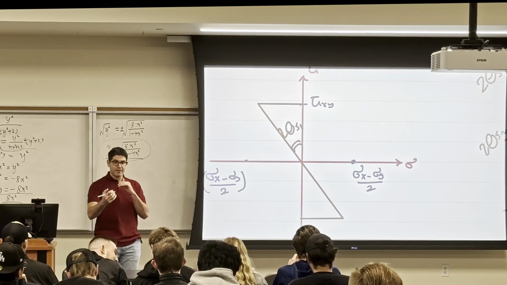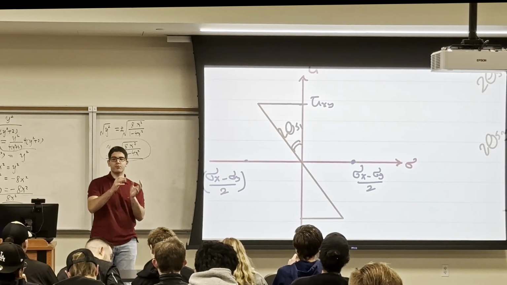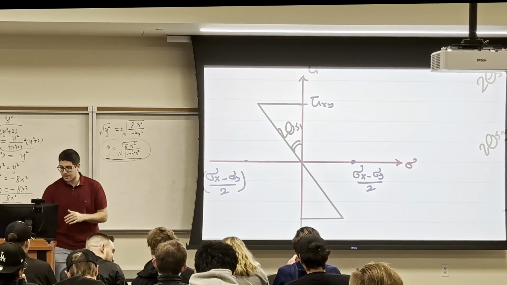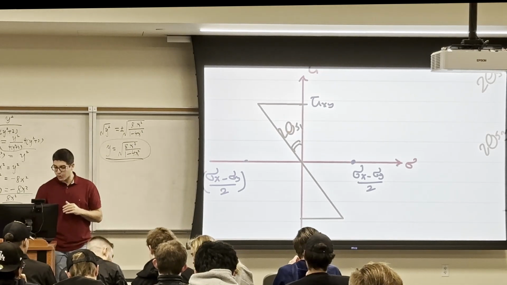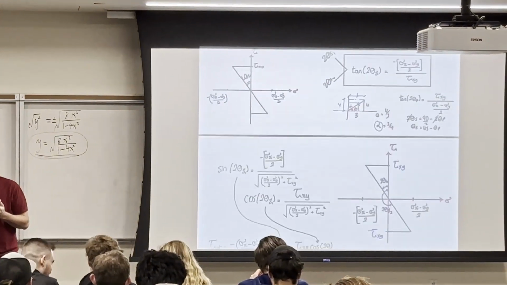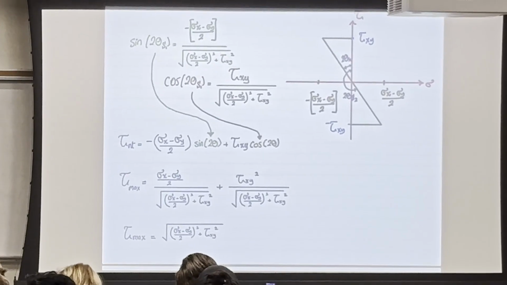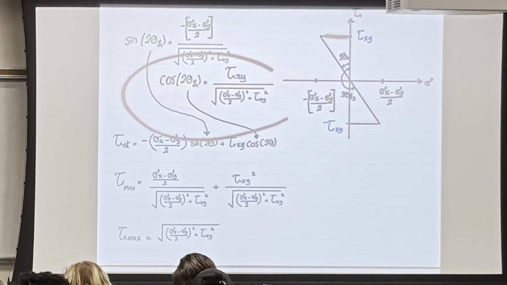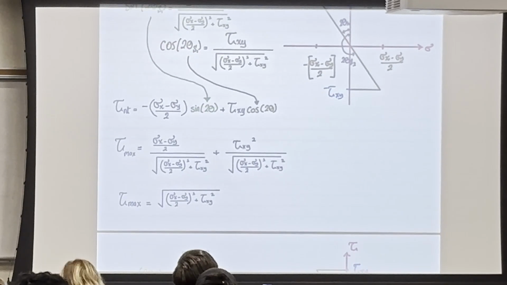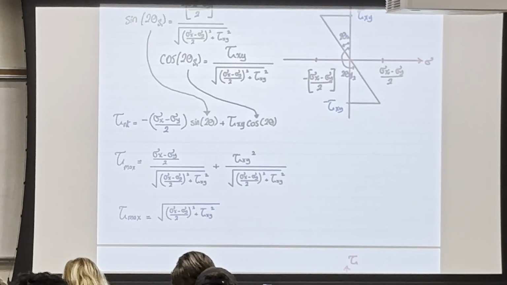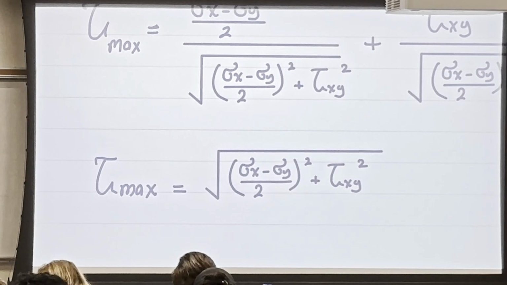But in 5 minutes, when we talk about x and y, when we convert coordinates or axes from x, y, this angle is going to still be from the x. But what I'm showing here is that there is no x and y here. It is sigma and tau. And again, the reason why I showed this triangle is because I want to come up with a conclusion where if I find the sine 2 theta and cosine 2 theta for this triangle, and substitute, of course, in the tau nt equation, I'm going to get a tau max, which has no angle in it.